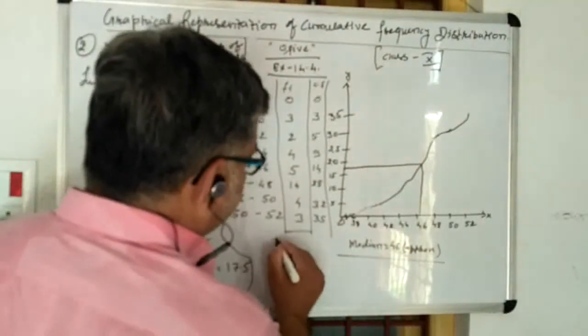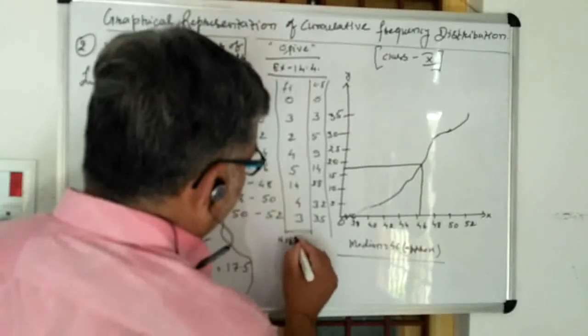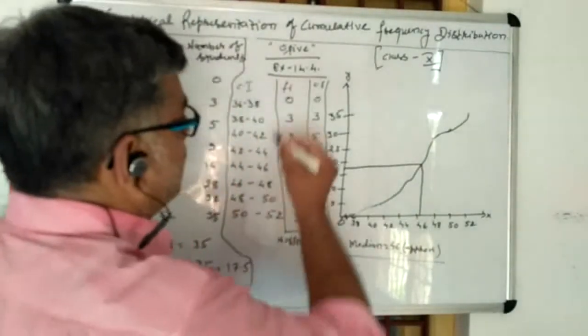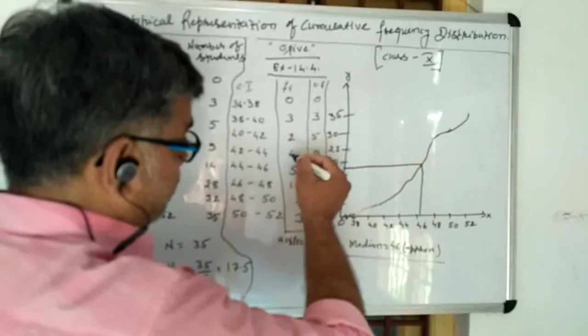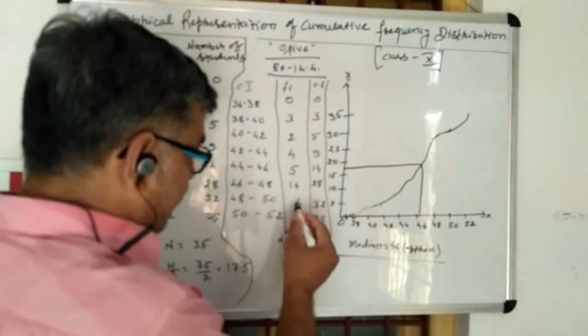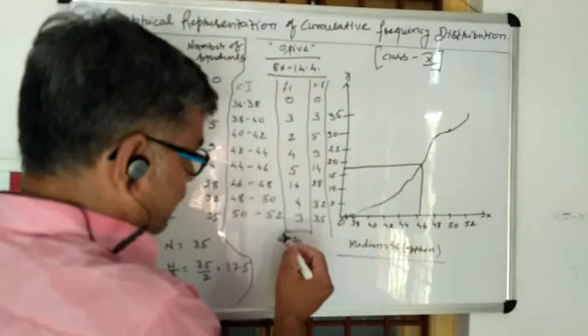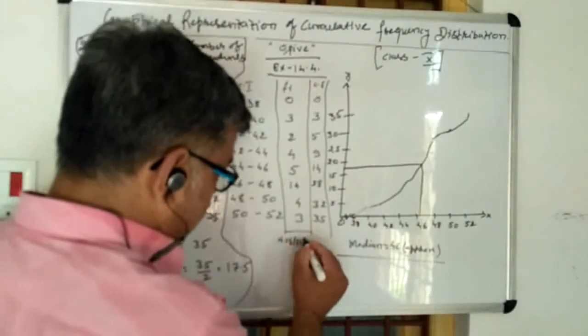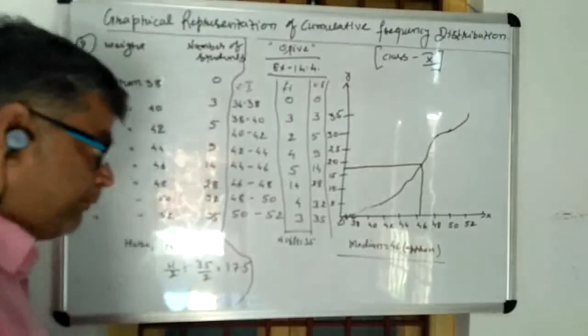Now you calculate n equals sigma fi equals what? 3 plus 2 is 5, 5 plus 4 is 9, 9 plus 5 is 14, 14 plus 14 is 28, 28 plus 4 is 32, plus 3 is 35. Here n is 35.